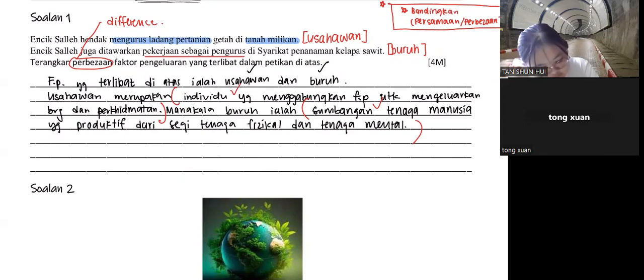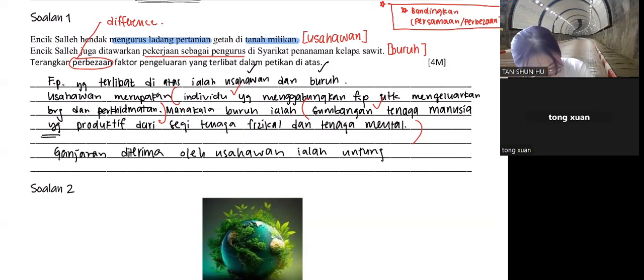Okay, I'm gonna split, just to tell you. Now you can also explain about what? Okay, ganjaran, reward, diterima oleh usahawan. Okay, as a boss, what is the reward they get? Ialah untung. Okay, manakala ganjaran buruh ialah upah.